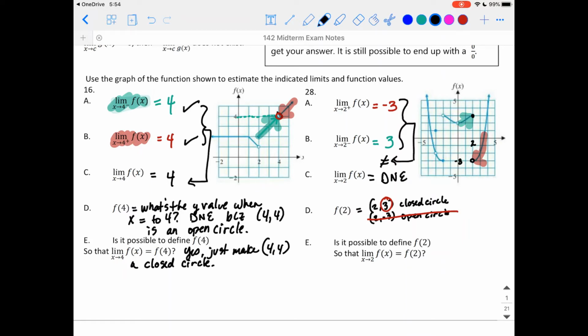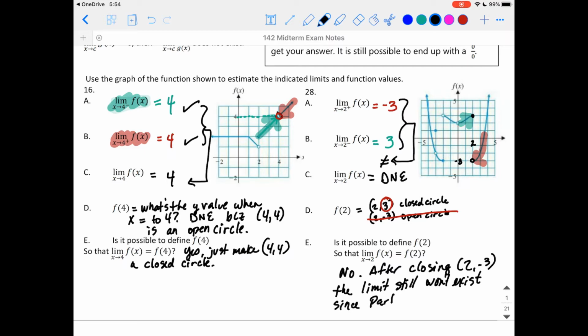So no. After closing to -3, the limit still won't exist, since part A will still not equal part B.